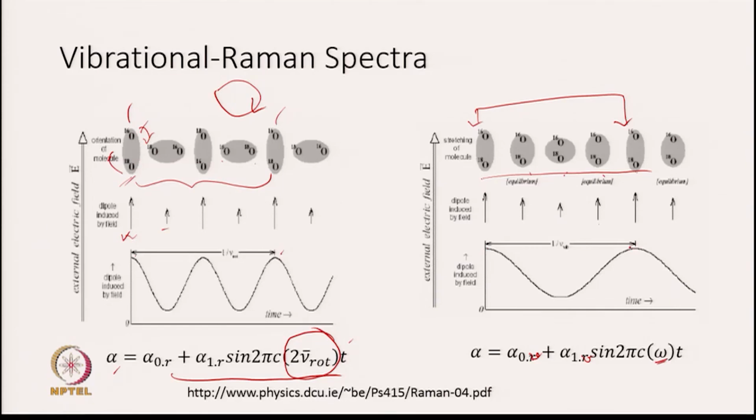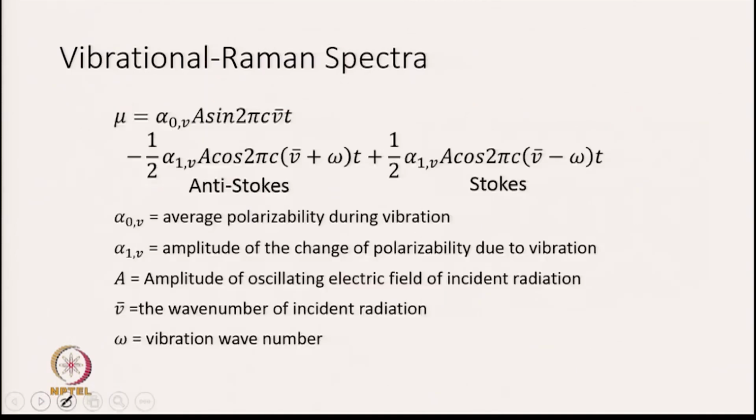So, from stretched mode to stretched mode, you are completing one cycle, only one cycle, in contrast to the rotation, where 360 degree rotation corresponds to 2 cycles. So, here you do not write 2 omega, you write omega, where omega is wave number for vibration.